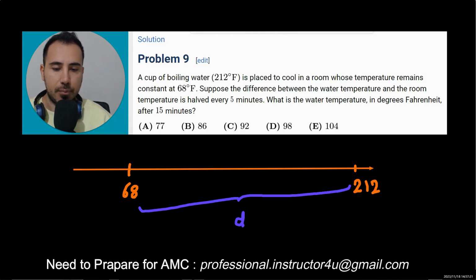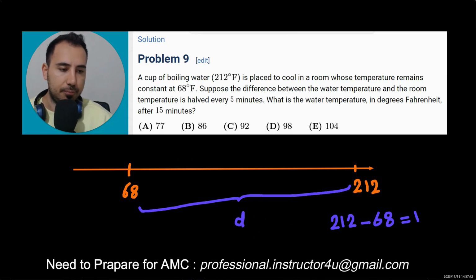Let's do that. D will be 212 minus 68, which is 144. We want this one divided by 8. 144 divided by 8 is actually 18.